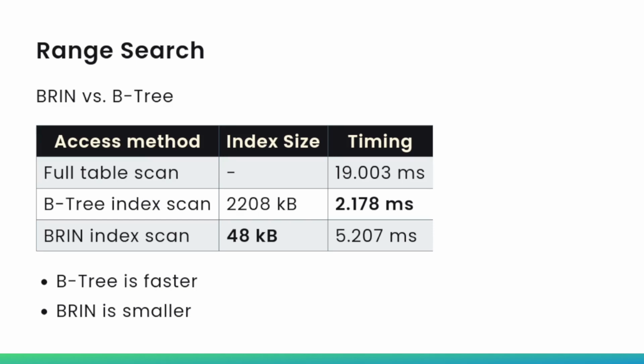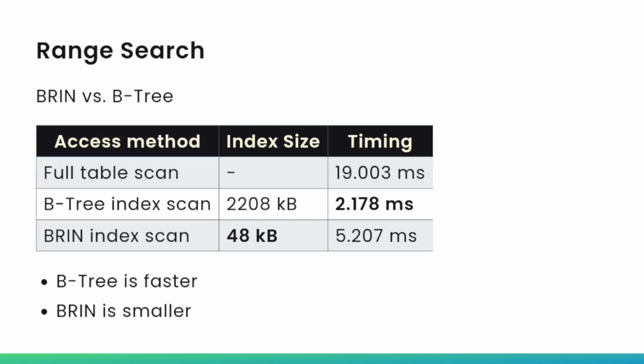Okay? So this is where we need to decide on the trade-off. Previously, on the hash index, it was an easy decision because it was faster and smaller. But this time, we can see that it's much smaller, the BRIN. It's much smaller, but it's only slightly slower, okay? Smaller, but slightly slower, okay?